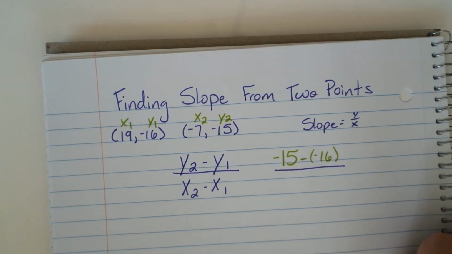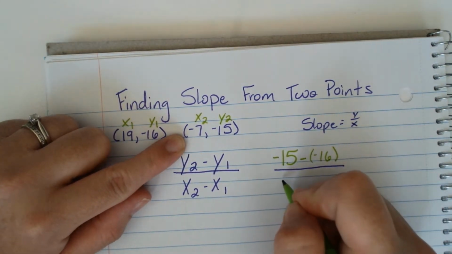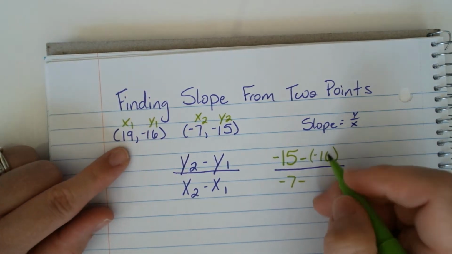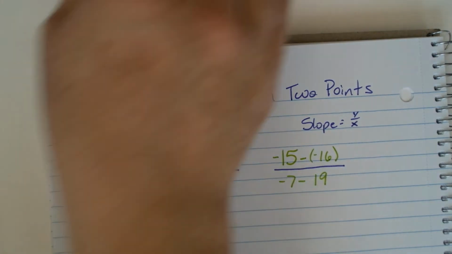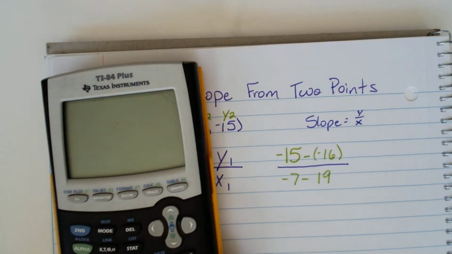Draw your fraction bar. Now we're going to put our x's on bottom. So x2 is negative 7 minus x1, which is 19. Now all we have to do is plug that into our calculator to determine what our y and x are.